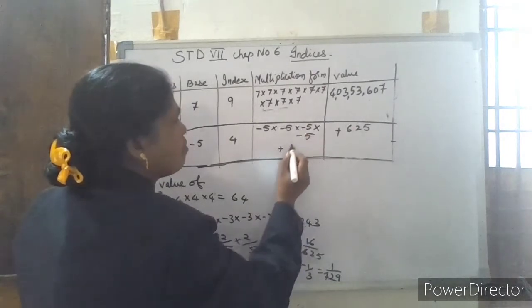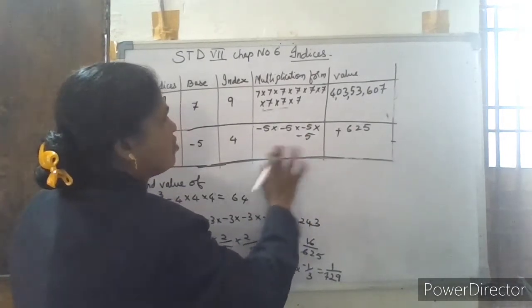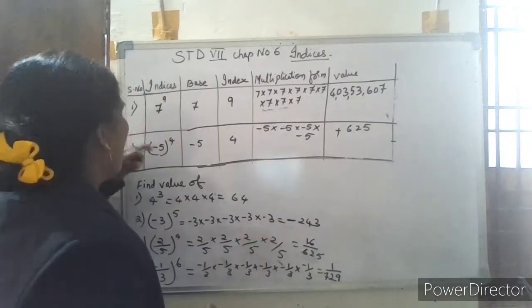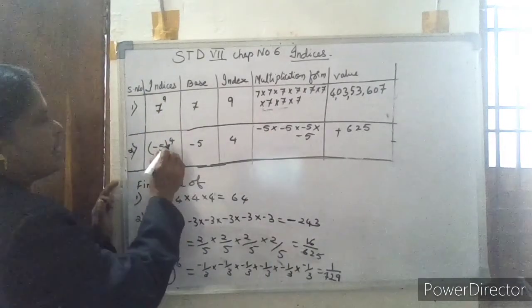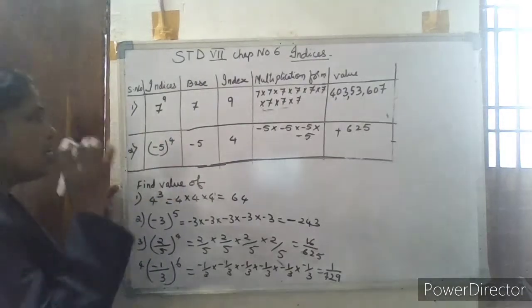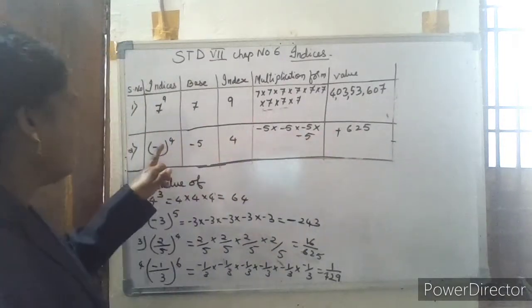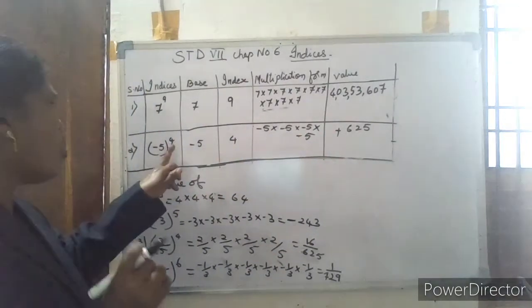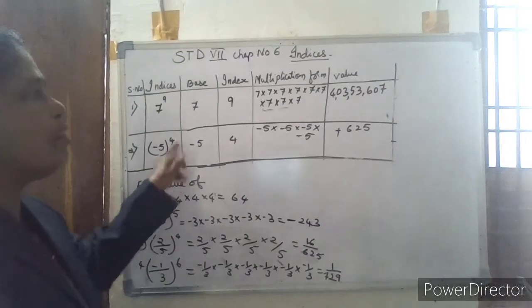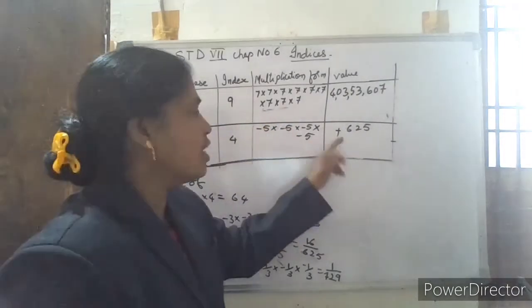Plus into minus will give you minus. Then minus into minus, at last it is plus. When the power or the index or the exponent 4 is an even number, then the answer is positive. If this exponent or index is an odd number for a negative base number, then the answer is negative.